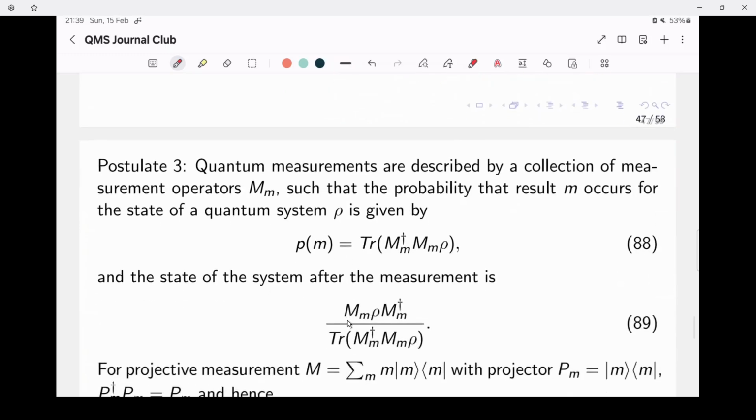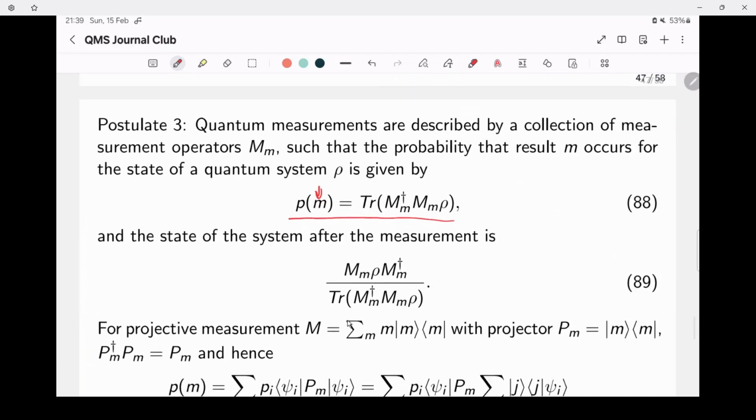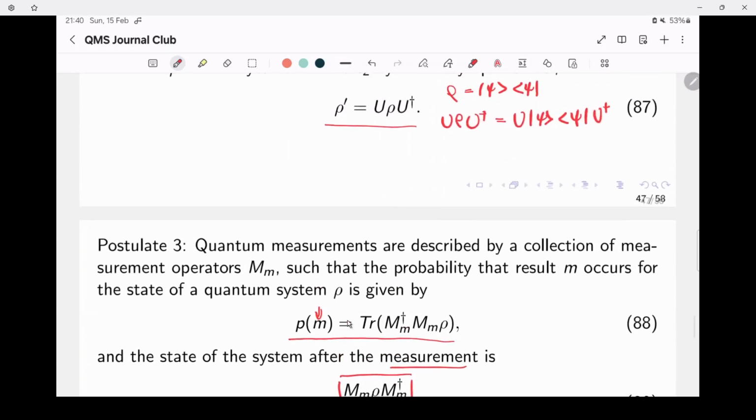So the third postulate tells you that the probability of getting a certain measurement outcome with the measurement value m is given by this particular trace. And after the measurement, right? You notice that this particular form is exactly the same as above.